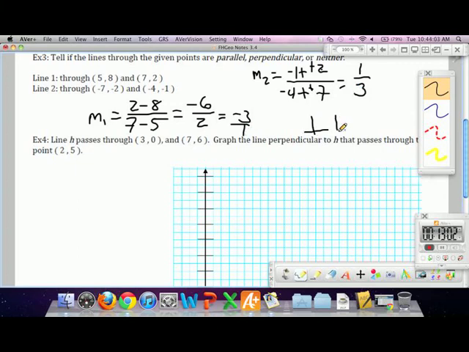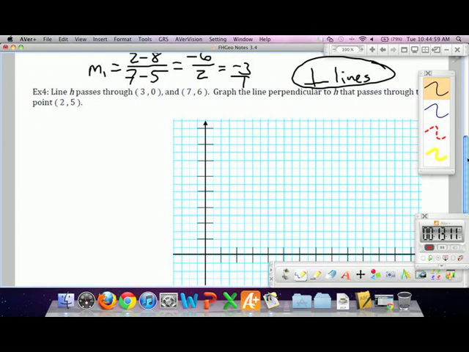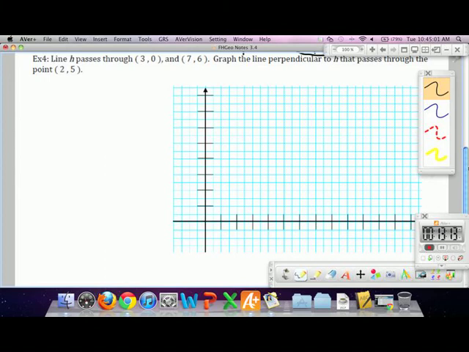Then let's take it a step further. Here's the situation. Line H passes through (3, 0) and (7, 6).